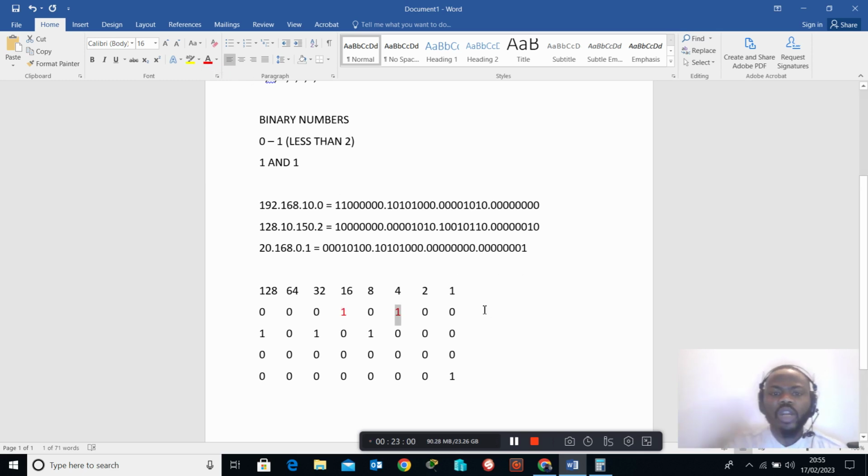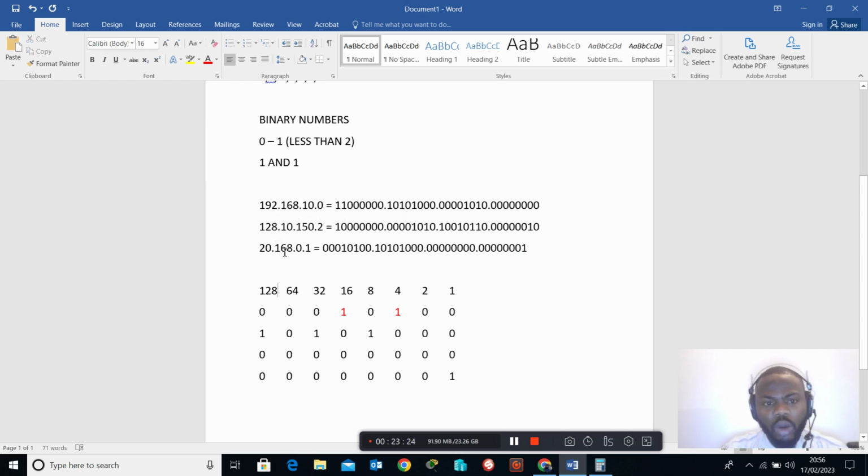So I want to do the other way around. Remember, if you add this number that is on, 1 is on here and is under bit 16, and 4 is under bit 4. If you add 16 and 4 together, that's going to give you 20. So this is 20 here, that's the first one.